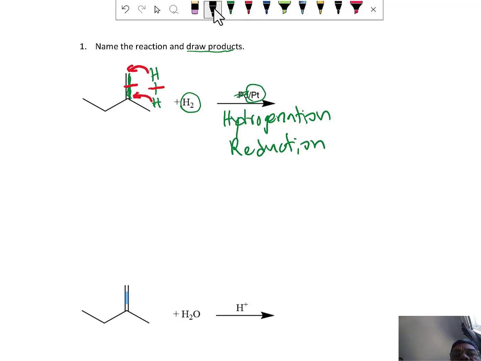So let me copy the skeleton. So the skeleton looks like that, right? Okay, now there's another one here, right? That's the skeleton. Now I added hydrogens, one here and one here. But it makes sense though.